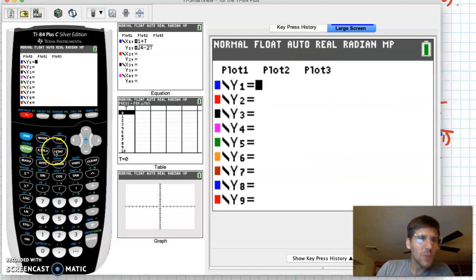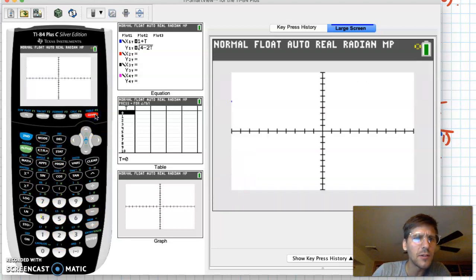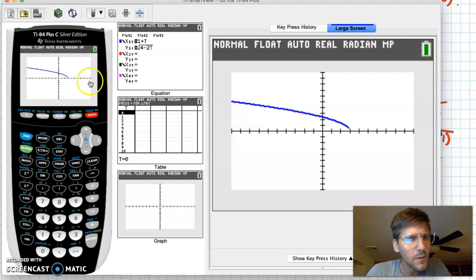I think it was y equals the square root of 6 minus 2, and now when I hit x, it just puts an x in there. Now when I hit graph, you can see it's the exact same graph with that terminal point at 3.